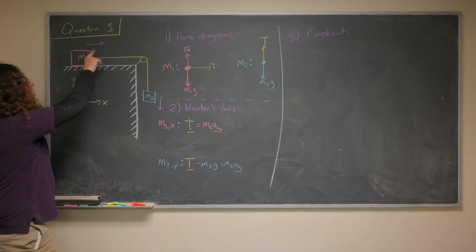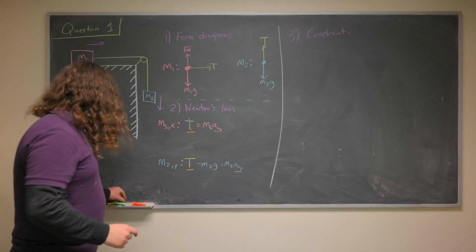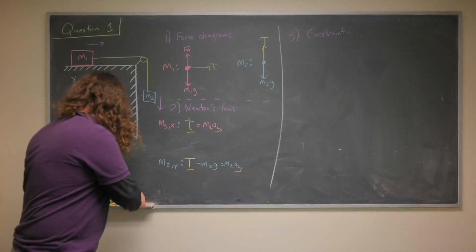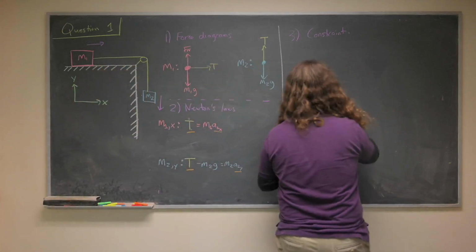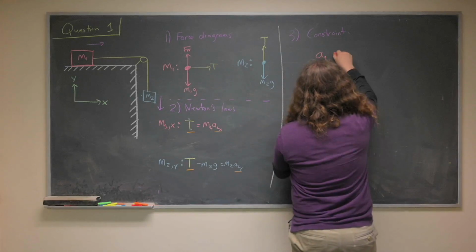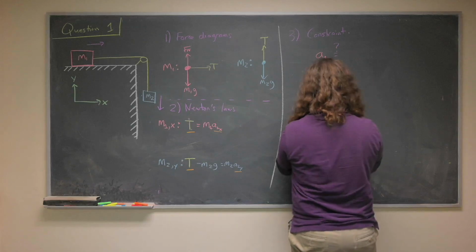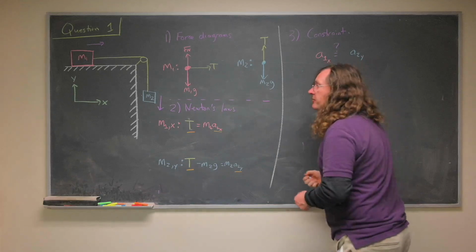But you might say, oh, well, a1x is equal to a2y. So I could say, potentially, a1x equals maybe a2y. But they're not equal.